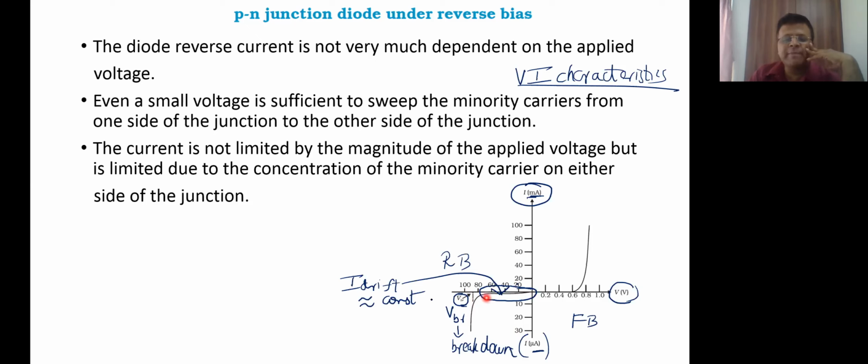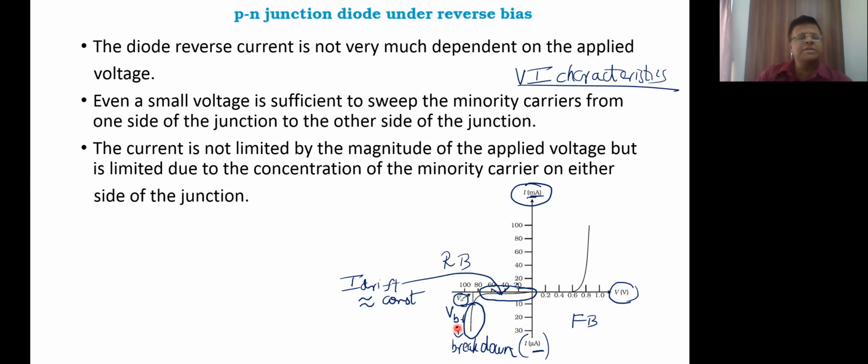So two observations we have made here. The drift current is constant initially, independent of the reverse biased potential, and then suddenly after the breakdown voltage the current can take on any value, but the voltage remains constant. So if the PN junction is operated in this region, in what application could it be used?